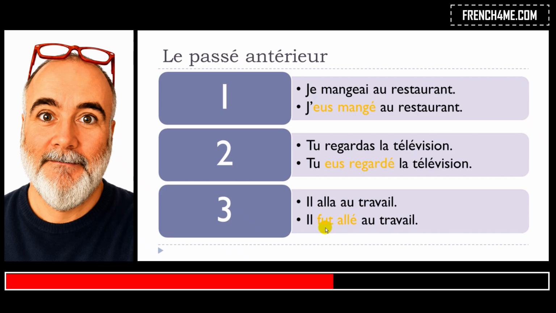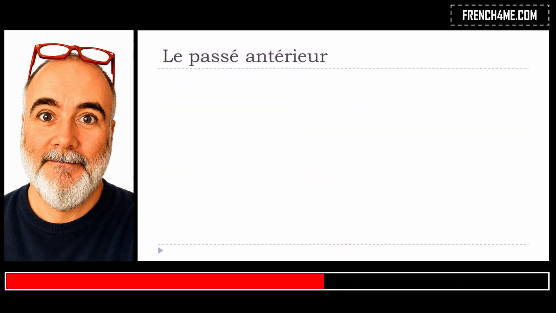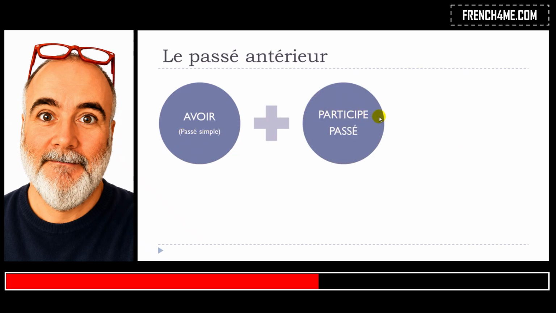And in this case, when we're talking about le passé antérieur, then avoir or être should be at the passé simple form. Okay, so this is the concept and this is the way we will construct this passé antérieur form. First you get avoir, and it must be conjugated at the passé simple. Then you will put your participe passé, this past participle, and you will get le passé antérieur.